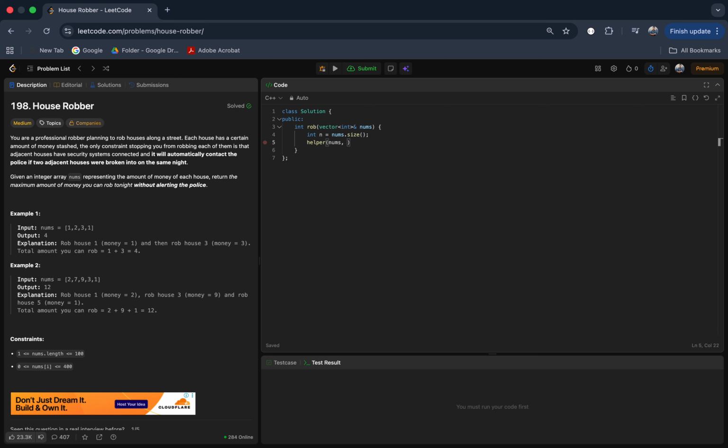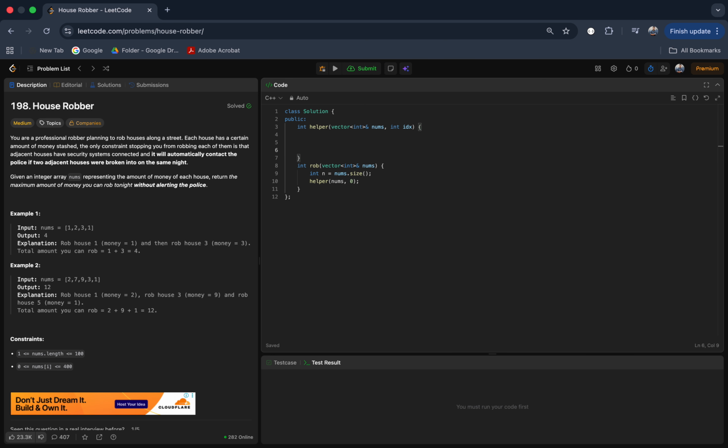So here I don't need to pass the size first. I'm passing the index from which I wanted to start, and then I will write my helper function here. And the function will have both nums array which will be taken by reference and the index idx.